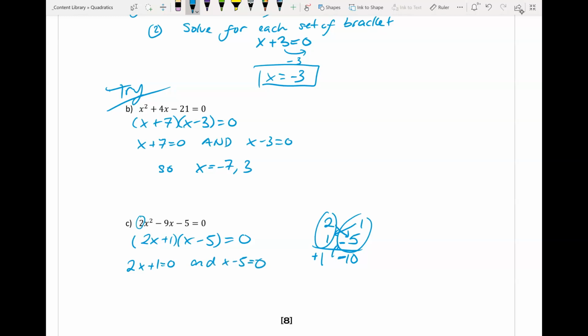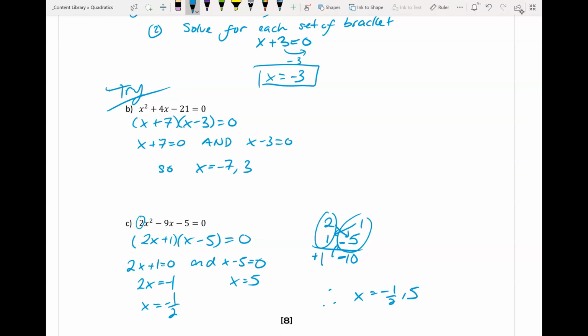And then we're going to solve for x for each. So if I rearrange this, this is 2x minus 1, divide both sides by 2. One answer is negative a half, and this other one is going to be 5. So therefore, the final answer is x is negative a half and 5.